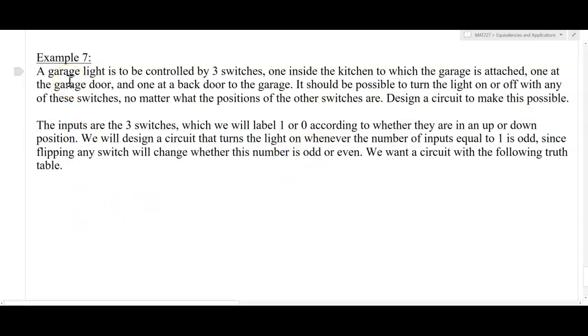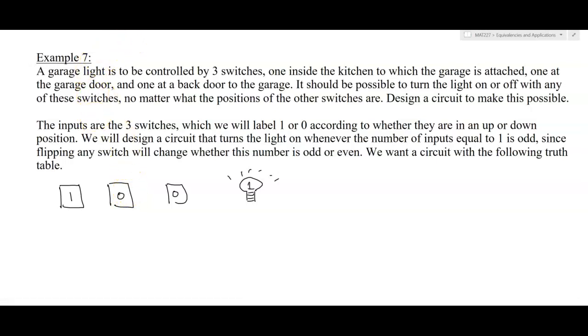So imagine that, to explain this a little bit better, let's say we have these 3 switches, and if right now this one is on and these guys are off, then I want the light to be on. So here's my light bulb, and we want this to be a 1 whenever that one switch is on.